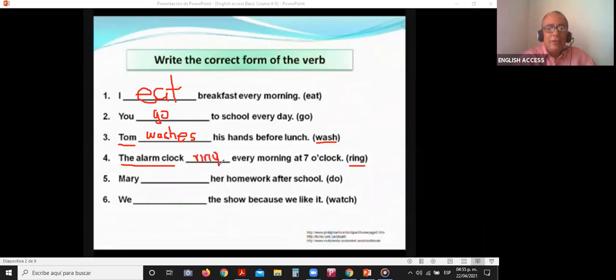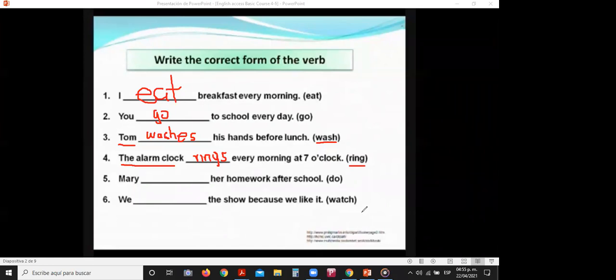Exactly. So the alarm clock rings. We add an S. Can you repeat the sentence? Listen first and then repeat. The alarm clock rings every morning at 7 o'clock. Very good.